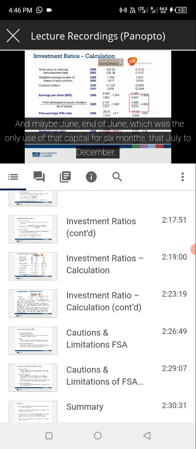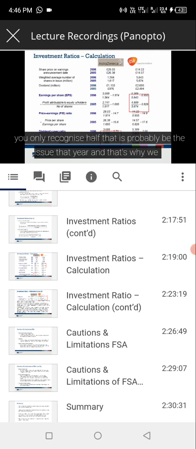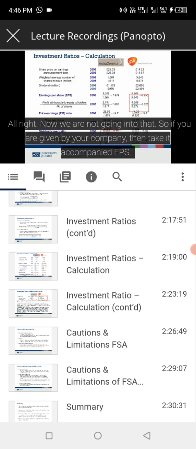That's July to December. So if you are calculating the outstanding number of shares, you will only recognize half. That is from the date they issue that share. And that's why the calculation of the weighted average number of shares is a bit complicated. All right? And we are not going into that.